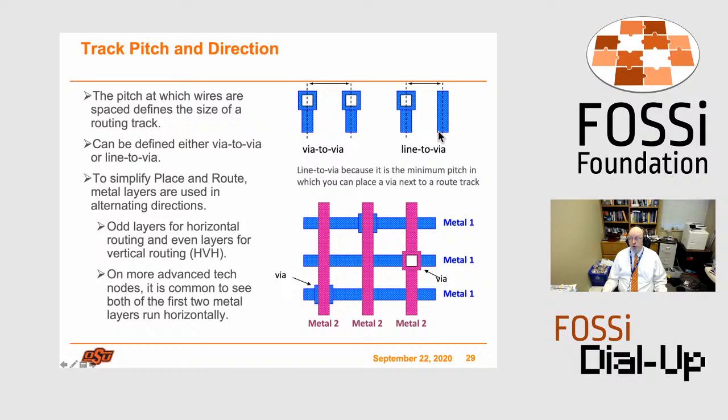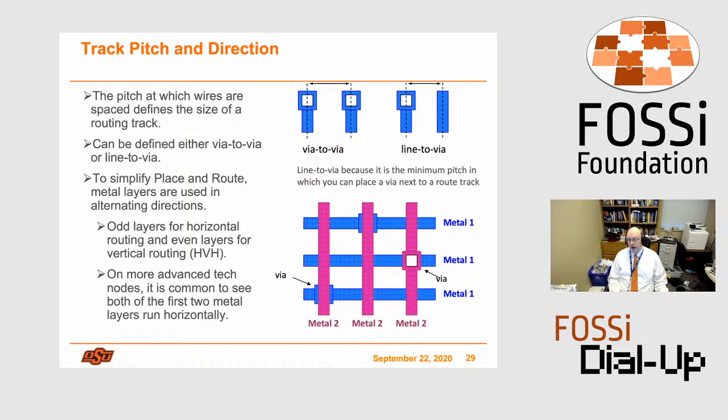Line to via is a little shorter because it'll give a more compact and more congestion. So we've opted for initially the via to via type of pitch for our design, but we hope to have another cell set maybe within the month that also has a line to via setting for the tracks, and that'll squeeze the actual number of tracks that are in that design.